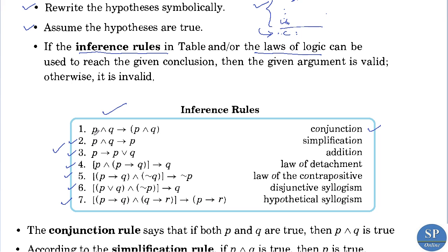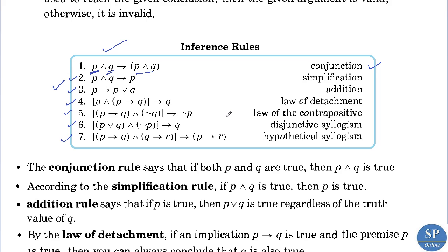Conjunction rule is P, Q implies P conjunction Q. That means the conjunction rule says that if both P and Q are true, then P conjunction Q is also true. Second is simplification rule.